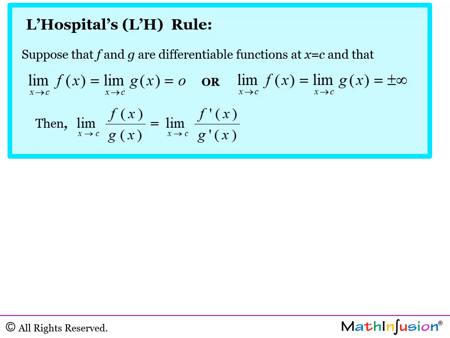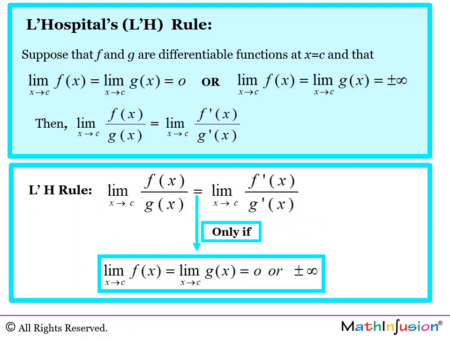Please pay attention. The limit of both functions f and g has to be 0, or both limits can be any combination of plus or minus infinity. L'Hopital's rule can be written in short like this.